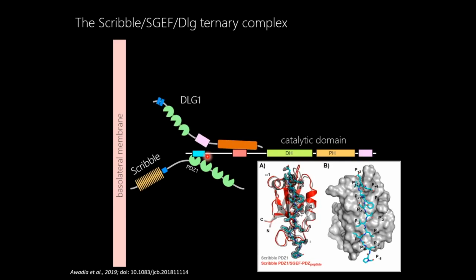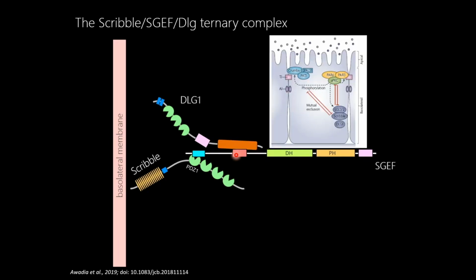So DLG also binds to the N-terminus of SGEF, and not through the PDZ domains, but through a domain called the GOT domain. The interesting finding in our previous publication is that these 3 proteins can bind simultaneously, forming a ternary complex. So SGEF forms a bridge, brings these 2 molecules together, and they form this ternary complex.